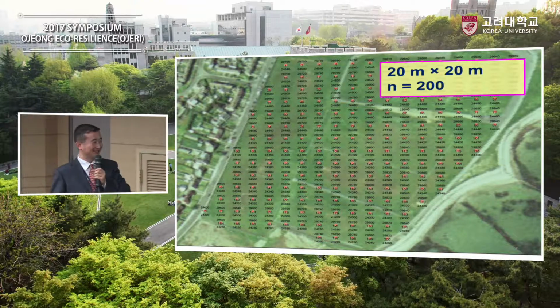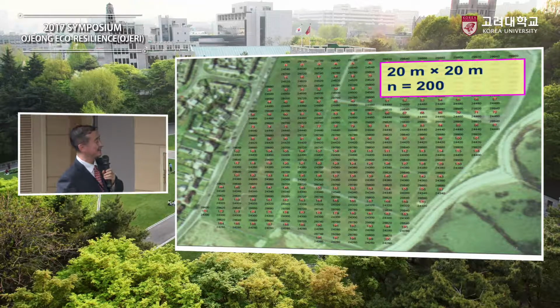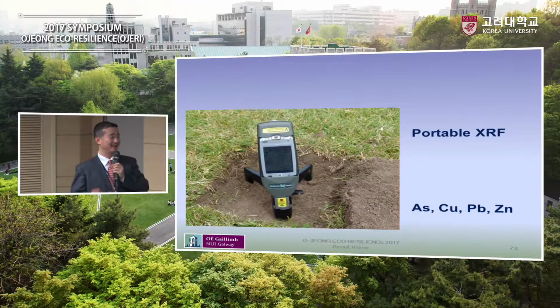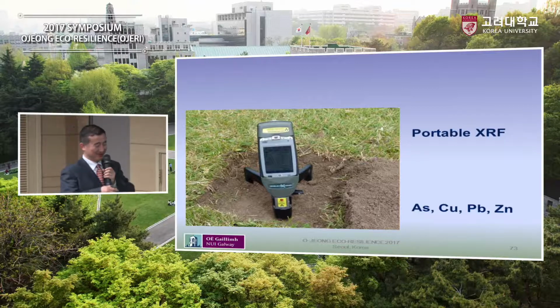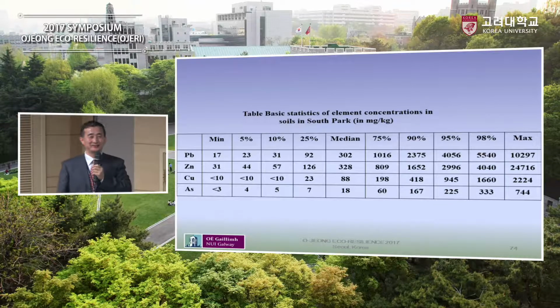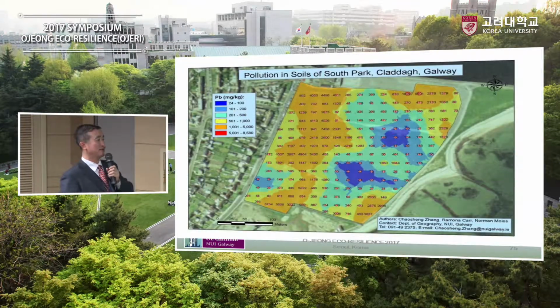So I collected 200 samples using an equipment called portable XRF. We went there and analyzed them, and after that I got a large amount of data. You can see the median value of lead. If it's 300, that's really high. So I reported to the local government there. It definitely is a contaminated site. You can see the values there.